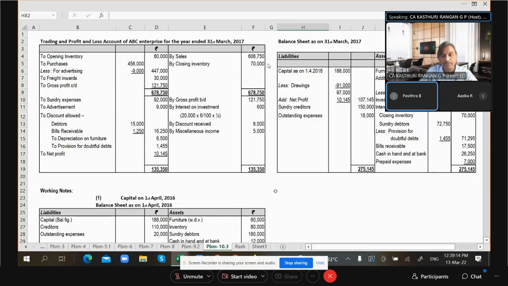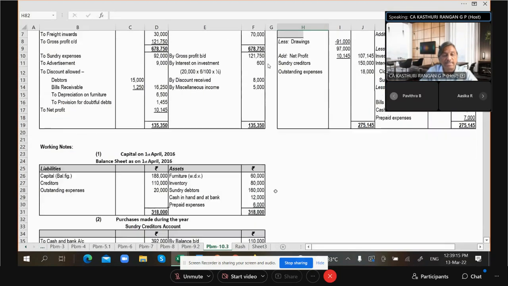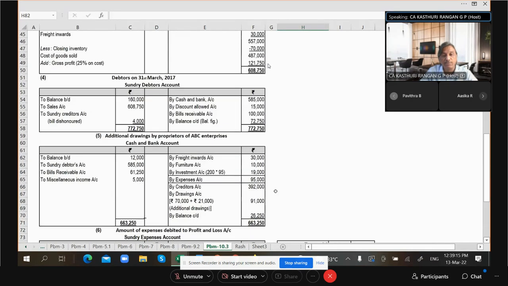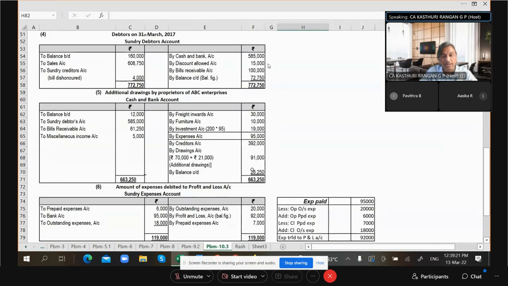So I have not decided anything. All payments are recorded, all closings, everything recorded. 70,000 is the actual drawing, but there is a difference of 21,000 rupees. So if you want, we can put it like this also. This is 70. Additional drawing is 21.